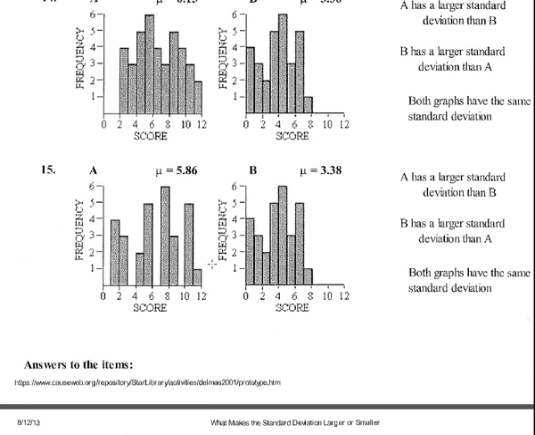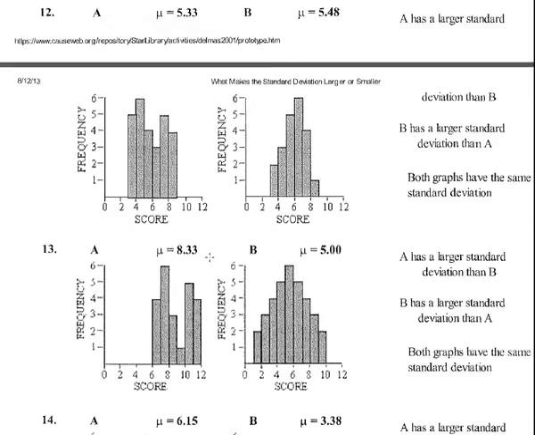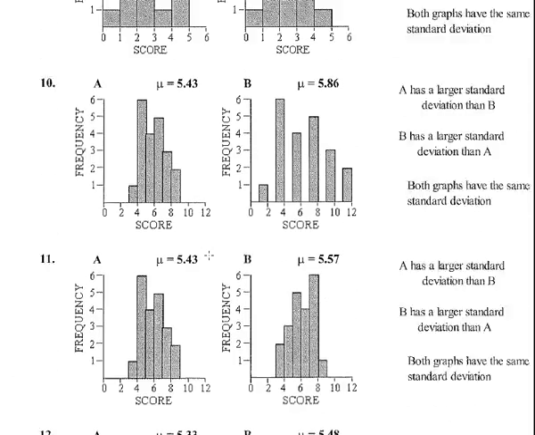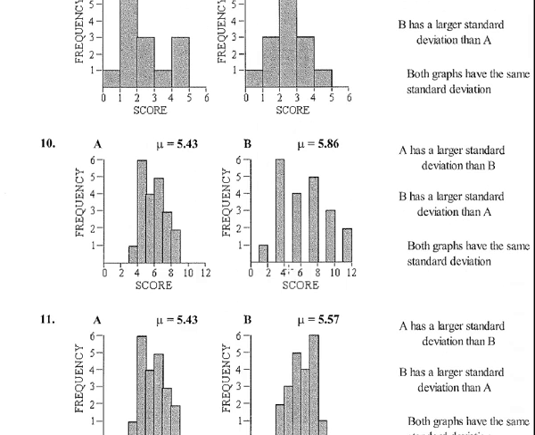We'll just do one more and then you can finish this activity up on your own. 10's a pretty easy one as well, so we'll do that one. And so the mean for both histogram A and histogram B are about the same, but the range for histogram B is much larger, and histogram A, the observations are much closer to the mean.